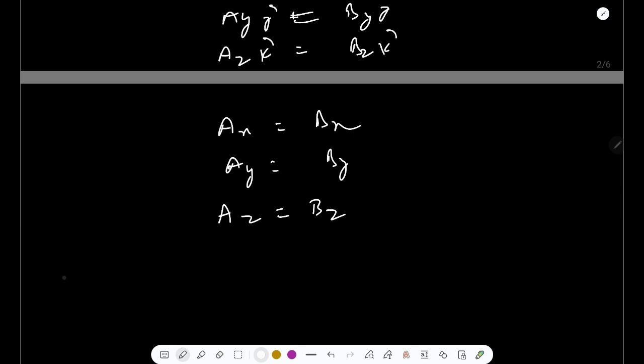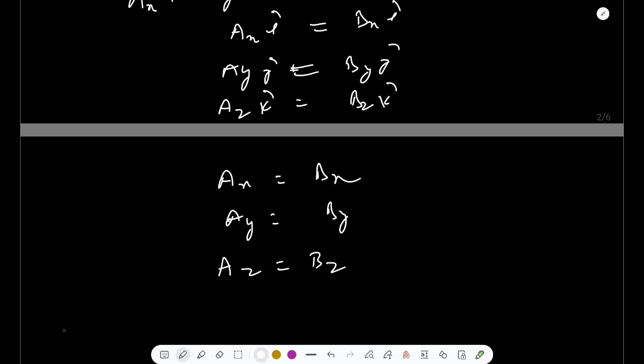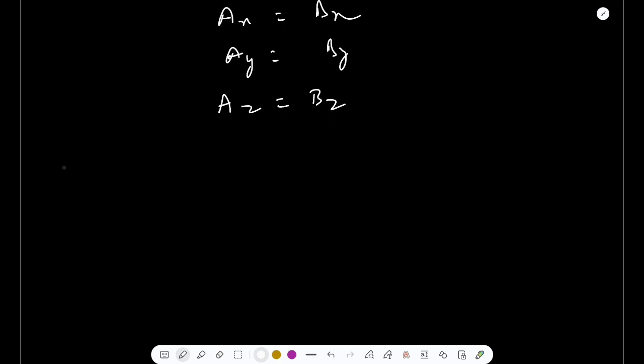Just notice one thing, that I haven't cancelled vector i with vector i. I just took their modulus. I have written their magnitude here because vector division is not possible. This is a meaningless operation, and so you use unit vectors like this. Unit vectors are basically providing the direction of a vector, and any vector can be written as its magnitude multiplied by its direction.